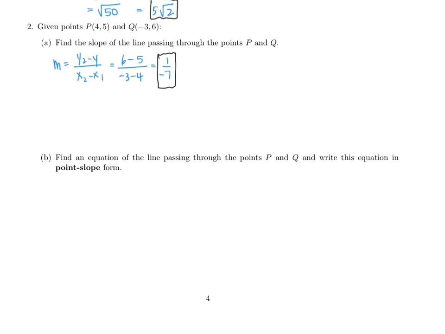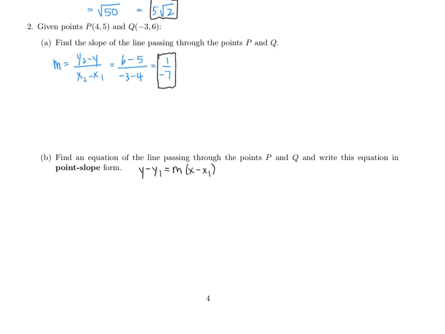All right, part B. Find an equation of the line passing through the points P and Q, and write this equation in point-slope form. So first of all, you need to know the different forms. So point-slope form is y minus y1 equals m times x minus x1. All right, so now you just need to know what to plug in where.